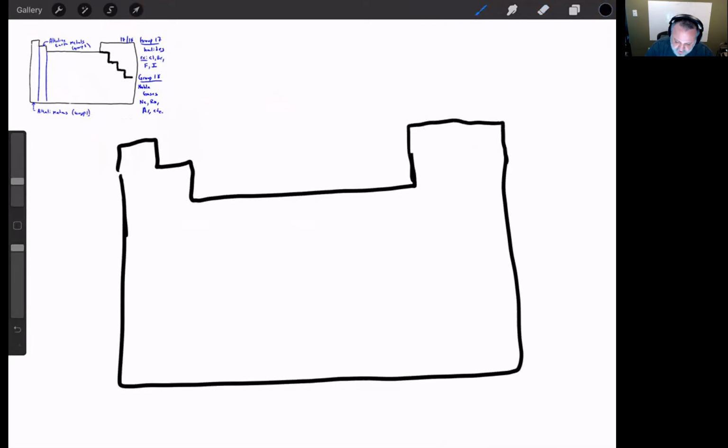Remember, it's not to scale. So I want to go ahead and get rid of this. I want to make it a little bit bigger. And then I'm going to do this little line thing again. And I want to point out this section.